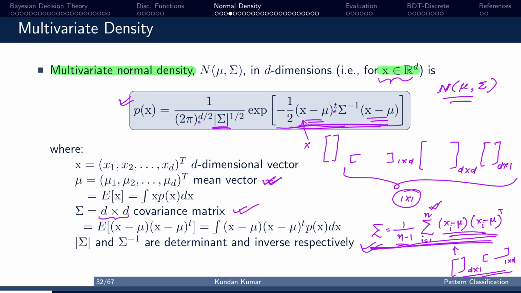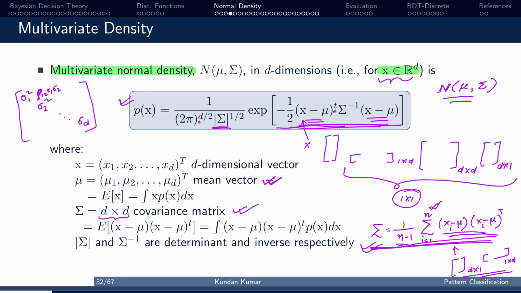And if we look at the covariance matrix, what is the significance of its elements? We can write sigma 1 square, sigma 2 square, and sigma d square on the diagonal, and off the diagonal, rho 1 2 sigma 1 sigma 2.